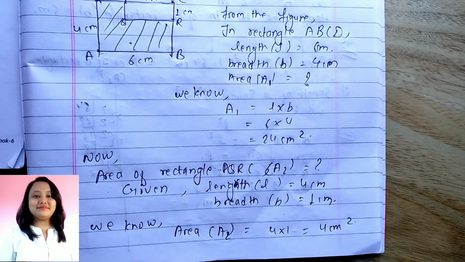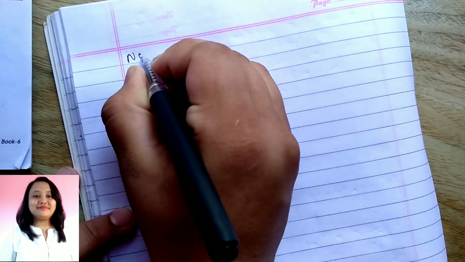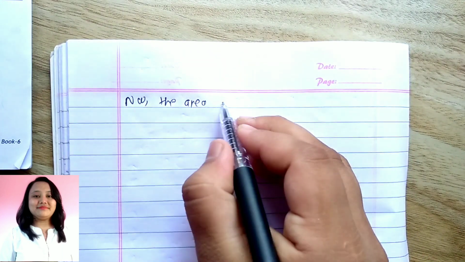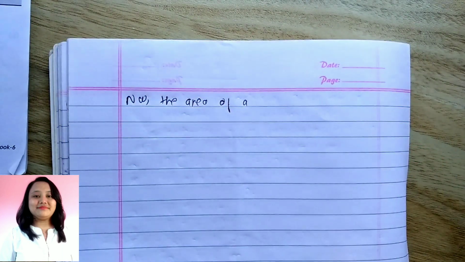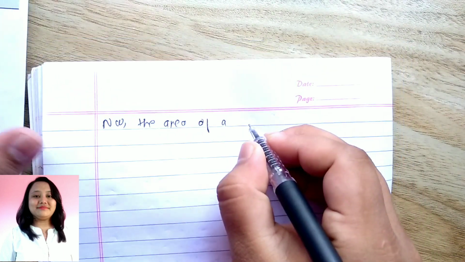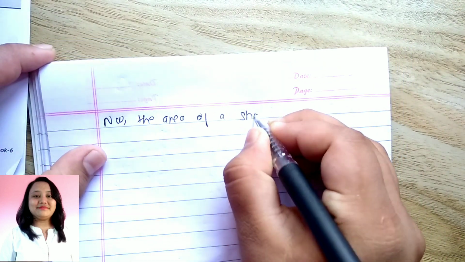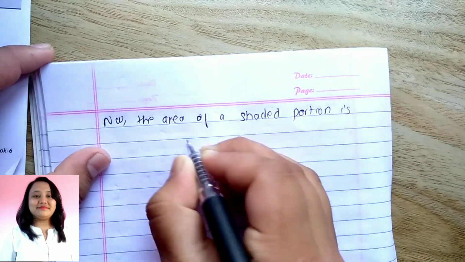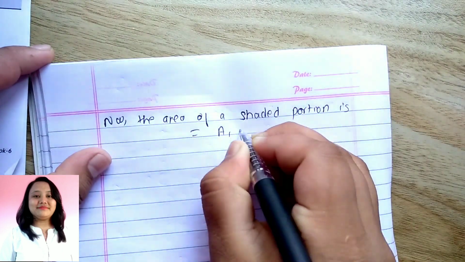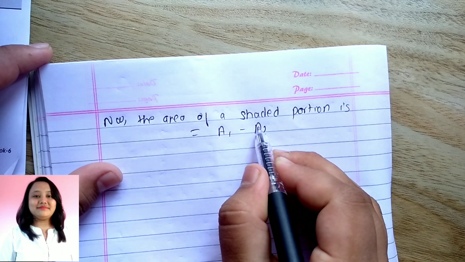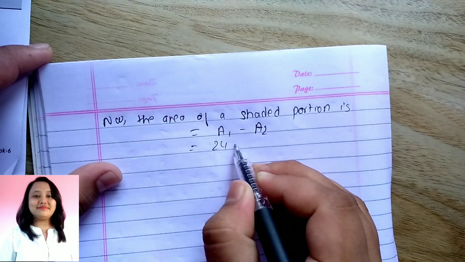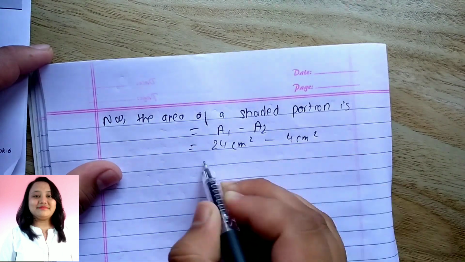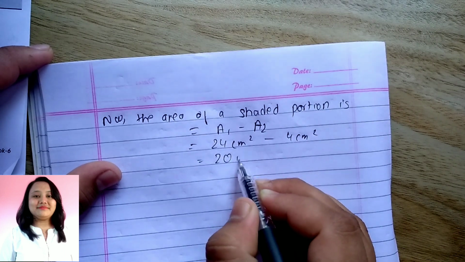Now for finding out the shaded portion, the area of the shaded portion is equal to A1 minus A2. 24 centimeter square is A1 and 4 centimeter square is A2. 24 minus 4 equals 20 centimeter square.